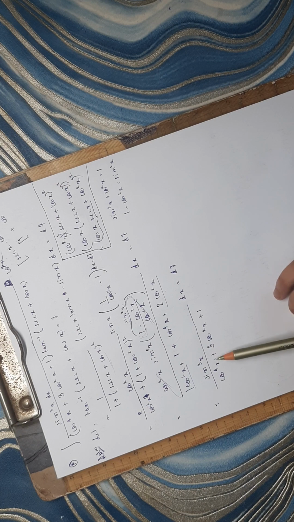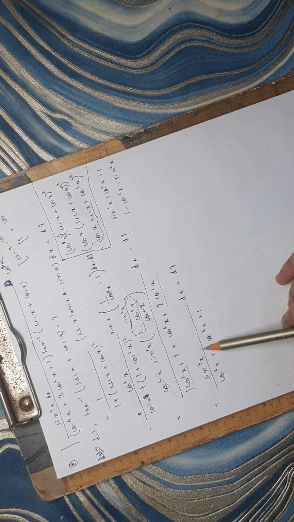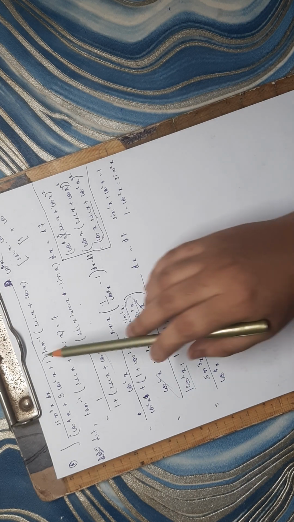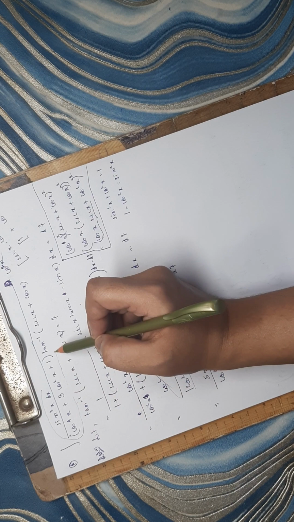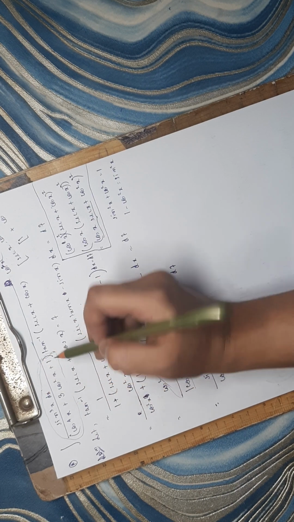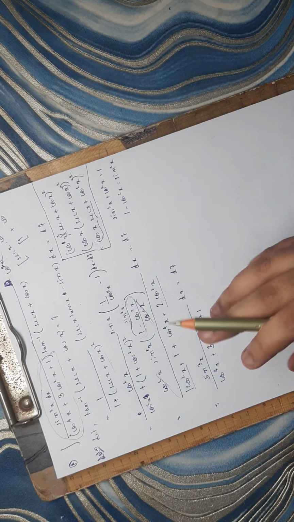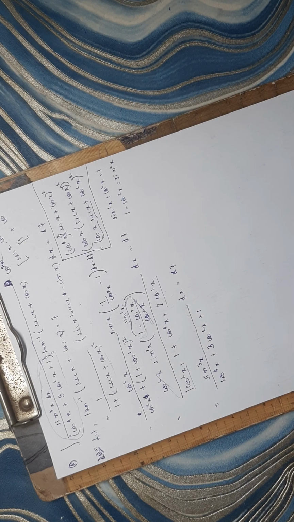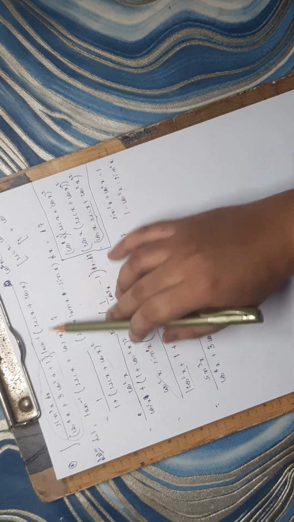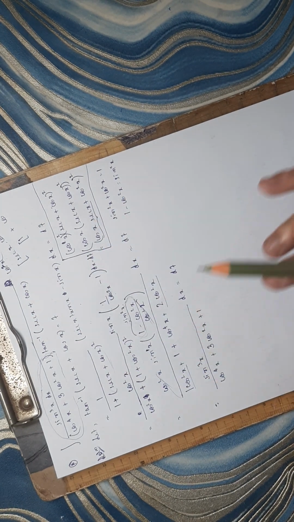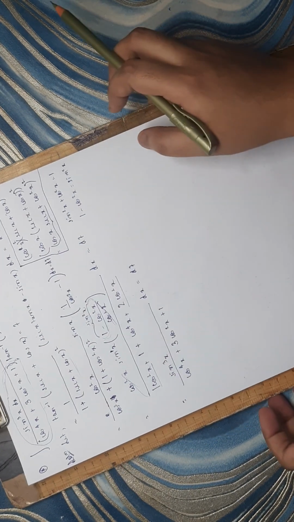So what we have here is sin cube x by cos 4x plus 3 cos square x plus 1 dx. This entire part will be replaced by nothing but dt, okay? And this particular tan inverse part will be replaced by a t. It is as simple as that.